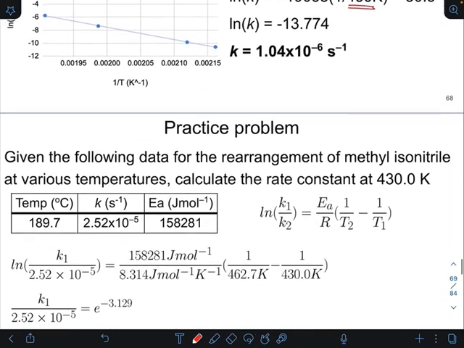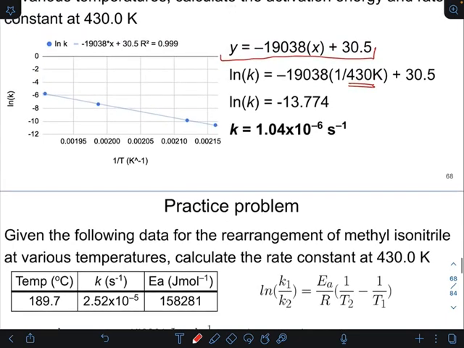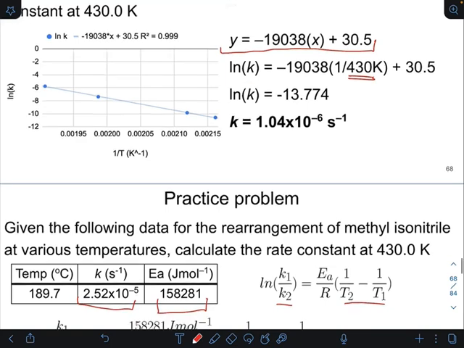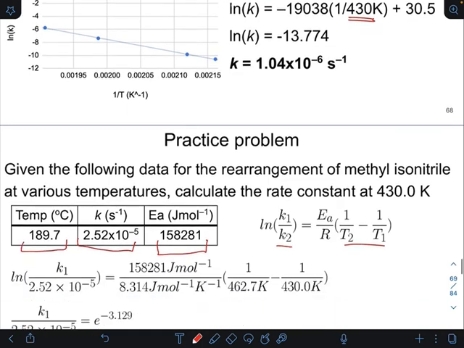Okay, the other way you could do this is to use the equation that has two K's, two T's down here. Again, pause the video, see if you can plug in the values, get the same answer as me, given the fact that K is 2.52 times 10 to the negative 5, and EA is 158,281 joules per mole. And this is all at 189.7 degrees Celsius.